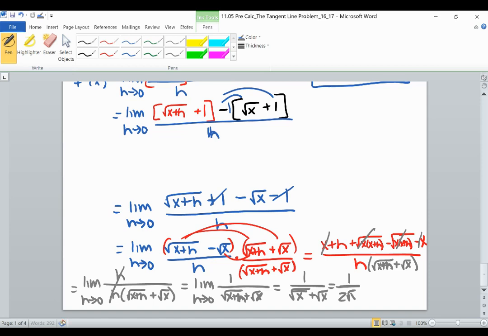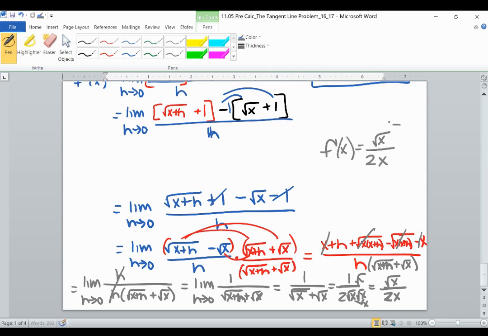You never want to leave your radical in the denominator, so we're going to multiply the top and the bottom by rad x for our final answer, and we get the square root of x over 2 times x. Square root of x over 2x, that is your final answer. So for this one, the derivative of f of x is the square root of x over 2x.